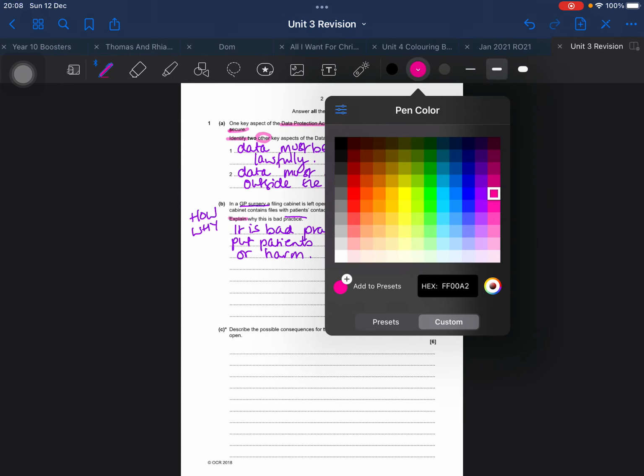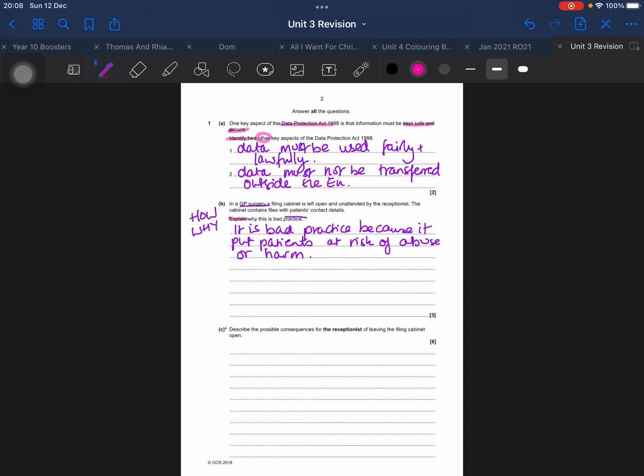So for our explanation, I'm going to just switch it into a different colour so it stands out. So we could say, if the person who accesses it uses the patient's information, such as their address, their medical history, what medication they take, then they could use that information against the patient.